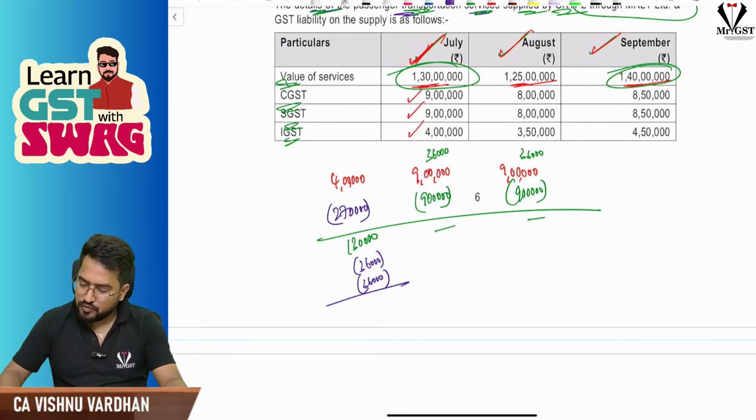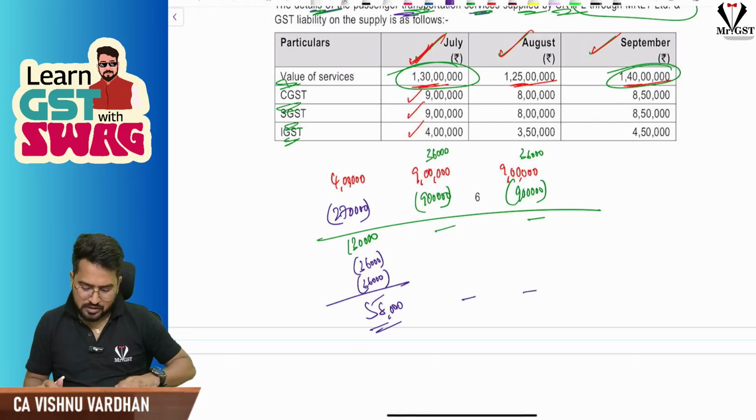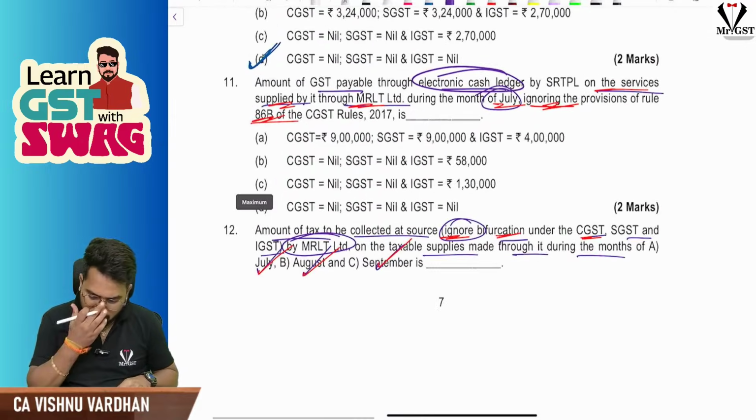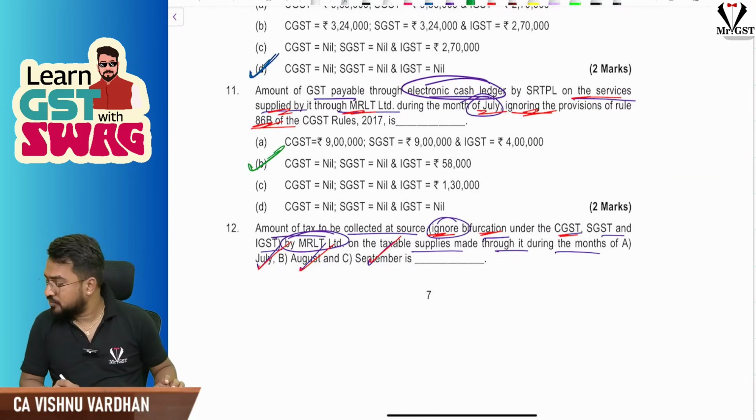So 4 lakh minus 2 lakh 70,000 minus 36,000 minus 36,000 is 58,000 IGST payable, CGST and SGST nil. Please excuse me for any calculation errors. So the answer is option B.